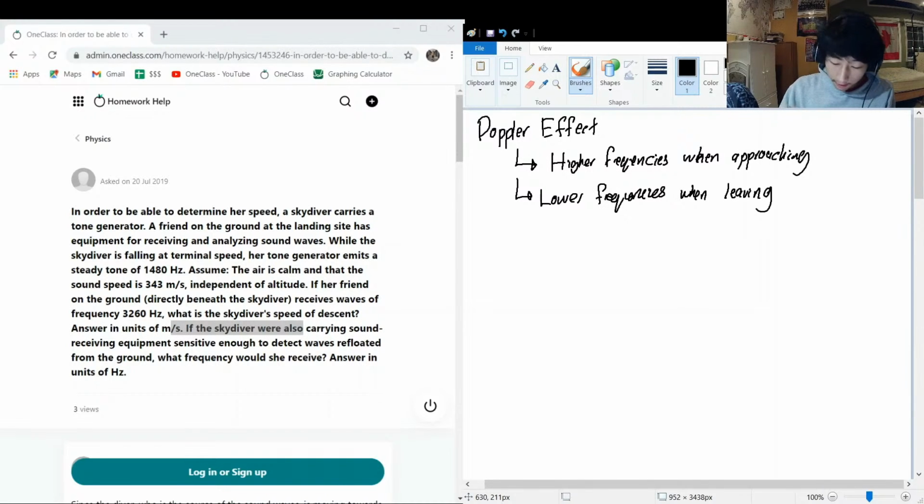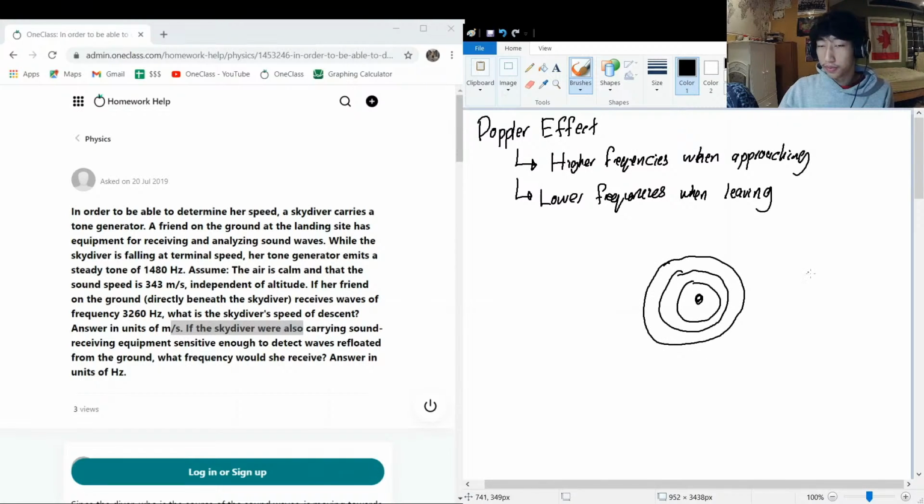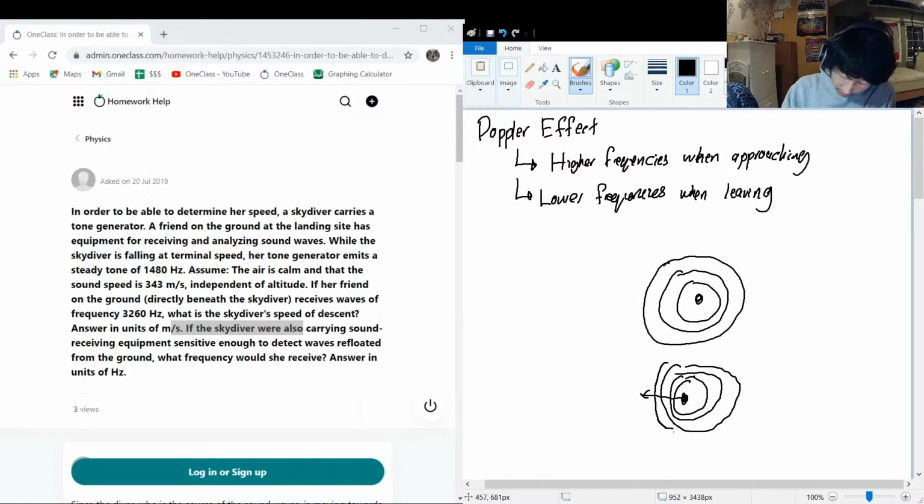But what's really happening is, let's say you have a dot right here and you're having just regular waves going out at a certain frequency. This is your regular wavelength. As it's approaching you, the wavelengths get a lot closer together because you're moving in proportion to the wave.